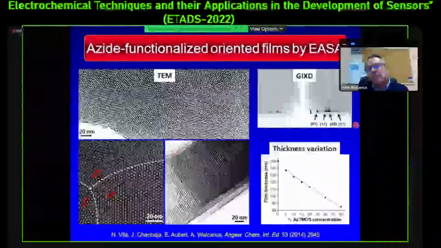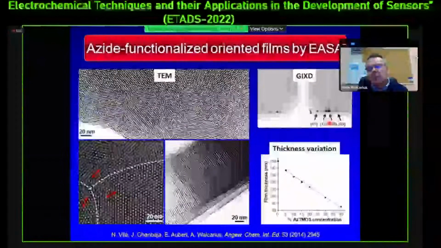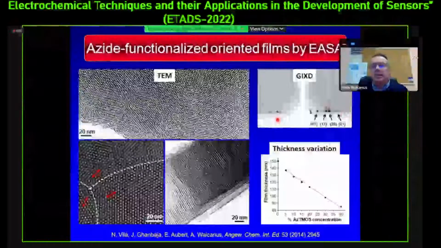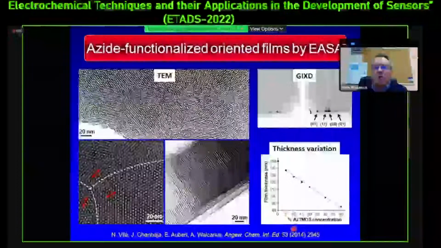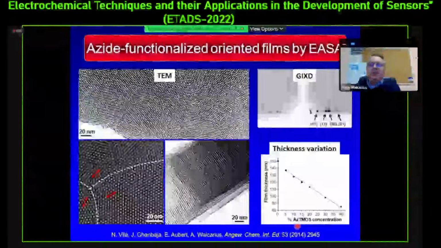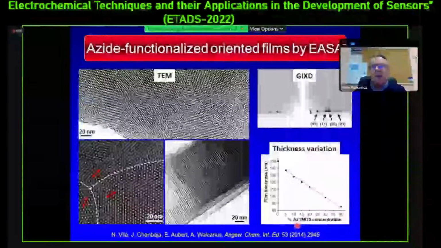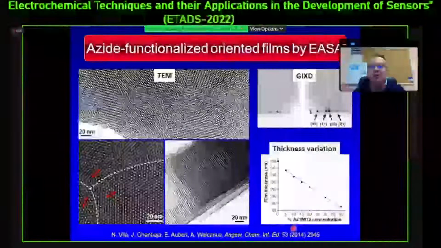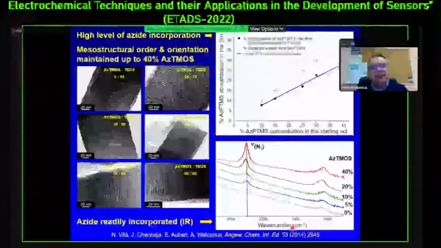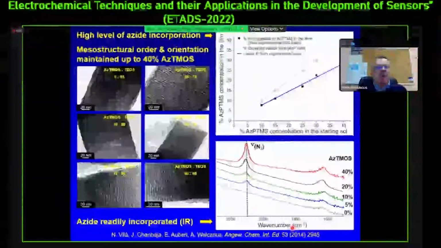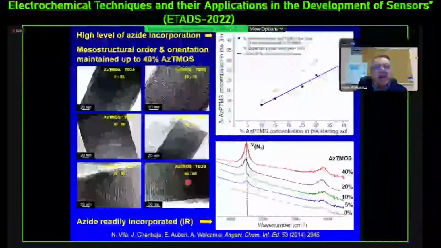We can observe this orientation and high degree of ordering by the grazing incidence XRD, and also the film thickness is decreasing somehow by increasing the amount of organosilane in the starting sol. This is due again to what I mentioned previously, the slower condensation rate of an organosilane with respect to the tetraethoxysilane. But most importantly, this high level of ordering and vertical orientation is maintained up to a large amount of organosilane in the material.